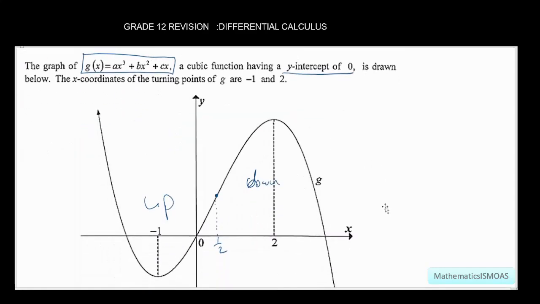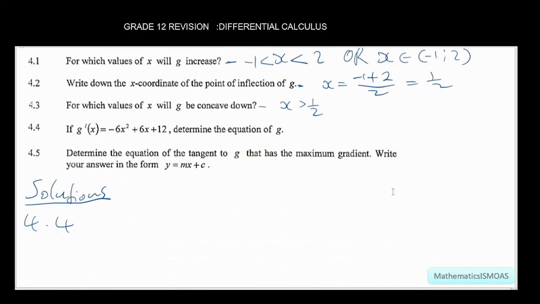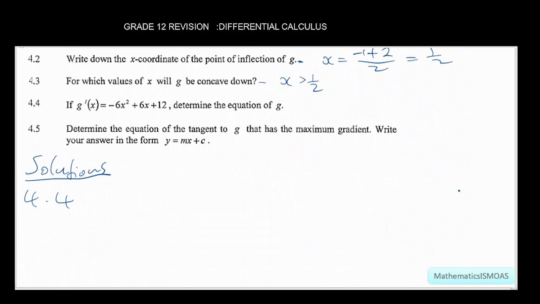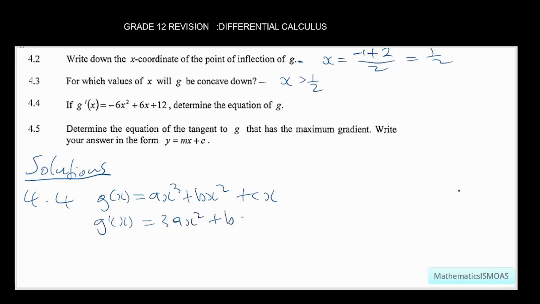Okay. Then what are we given? We're given the equation of the gradient of g. So let's find the gradient of g in general from the given equation. Firstly, we have g of x is equal to ax cubed plus bx squared plus cx. Then g prime of x will be equal to 3ax squared plus bx plus c.